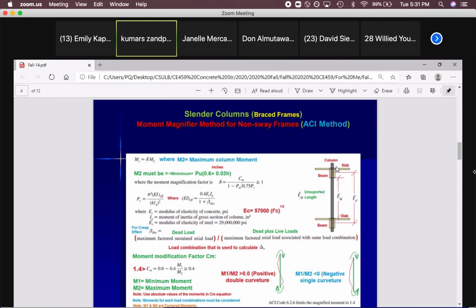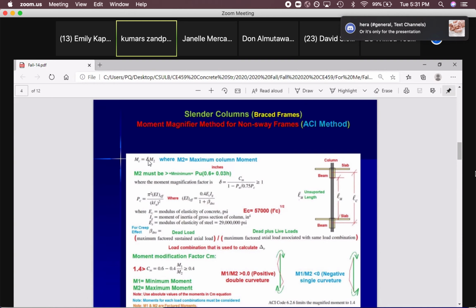If you have 100 and 101, M2 is 101 and M1 is 100. M1 is smaller. Negative or positive doesn't matter. Go with the absolute value, see which one is greater, and go with that one. That's your M2 with no sign. Okay, that's easy so far.